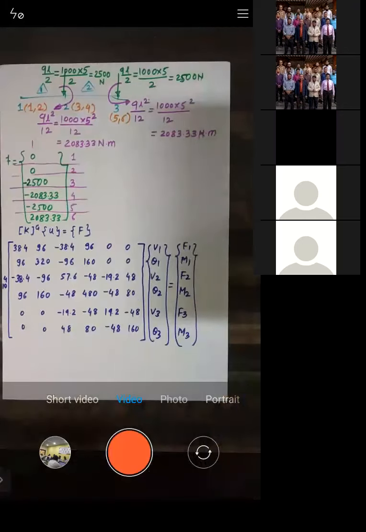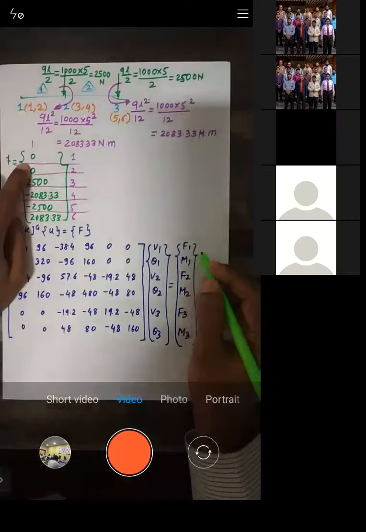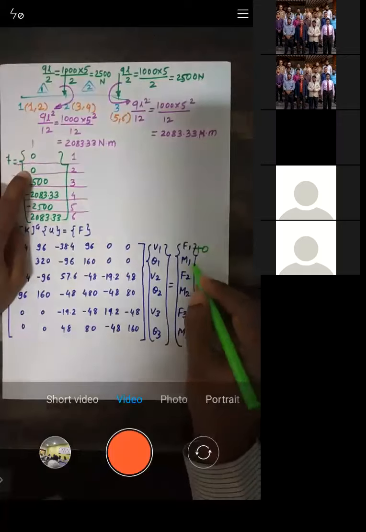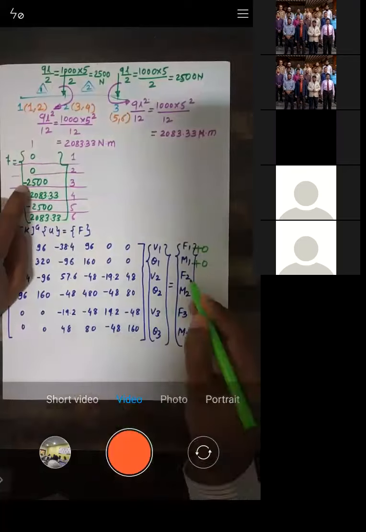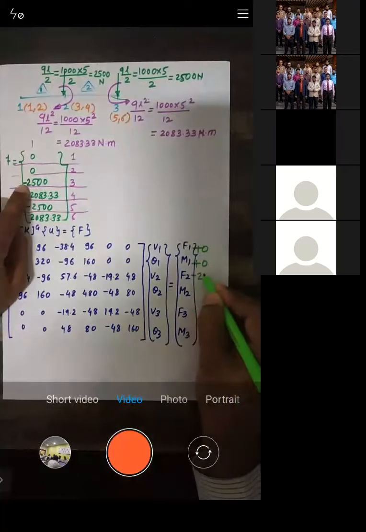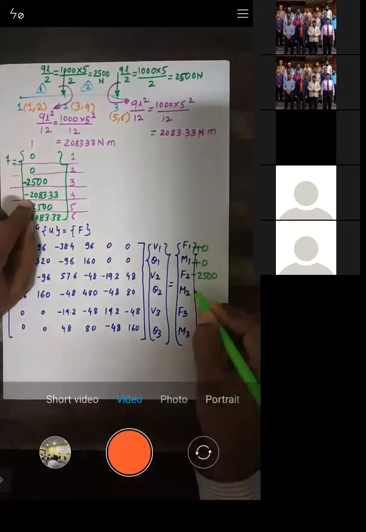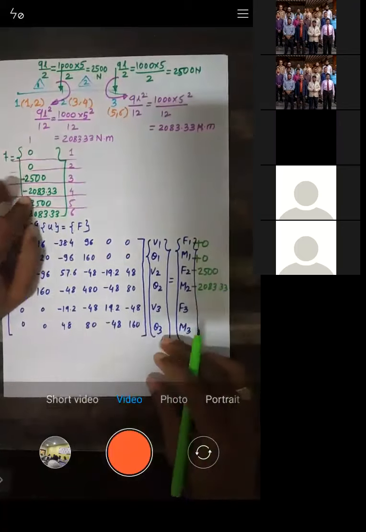You can see this is F1 plus 0. Here again M1 plus 0. Here F2 minus 2500. Then here M2 minus 2083.33.